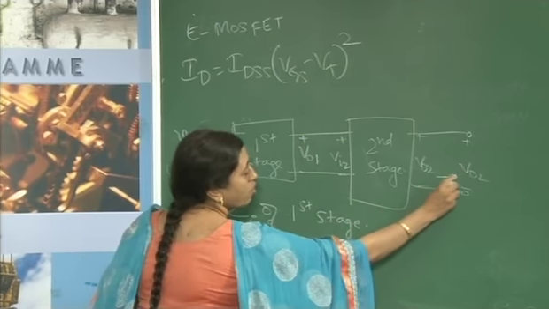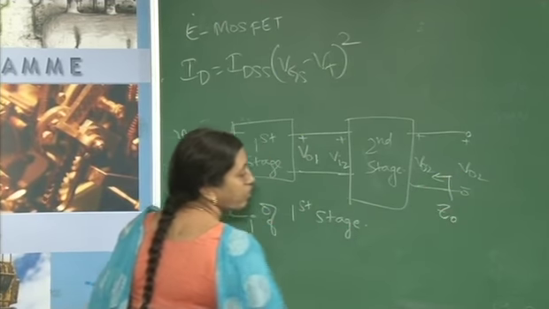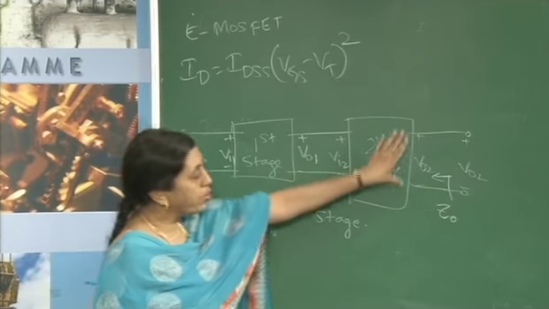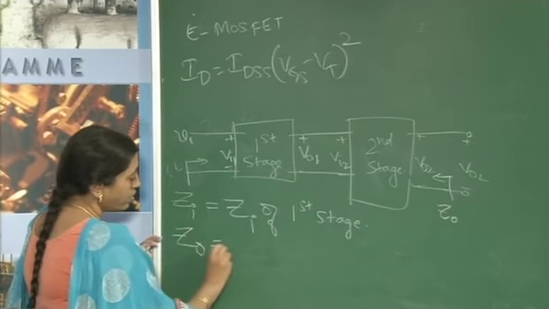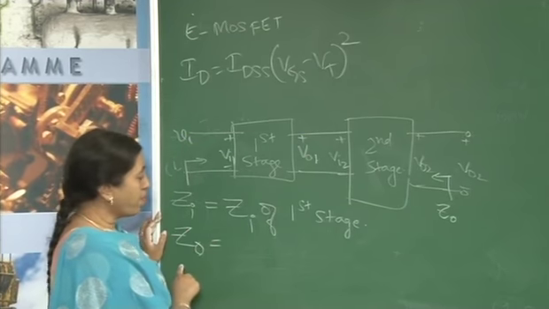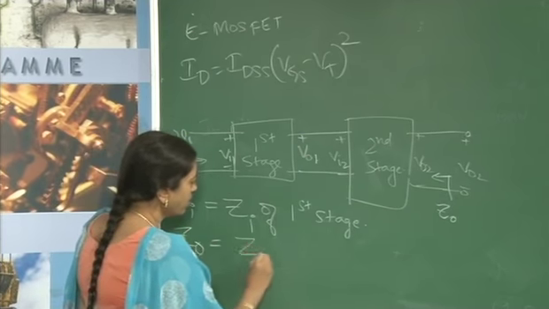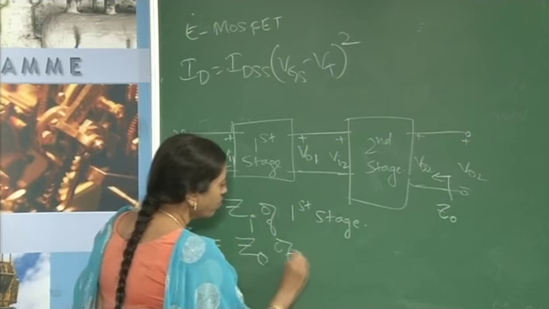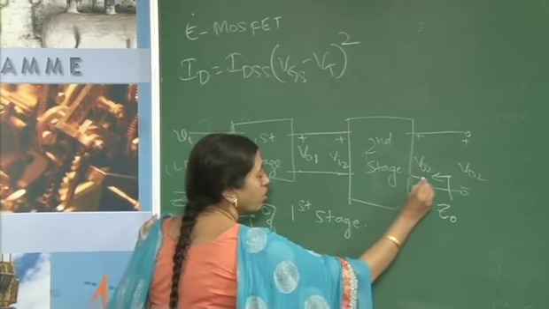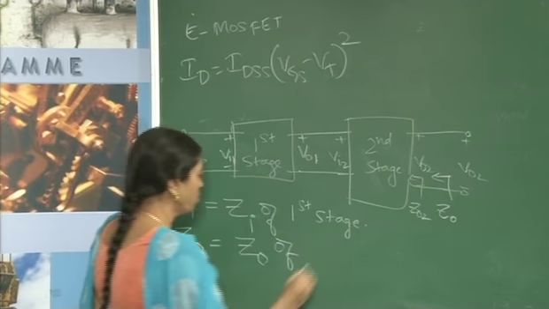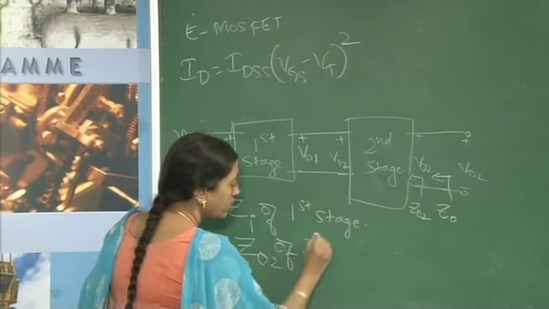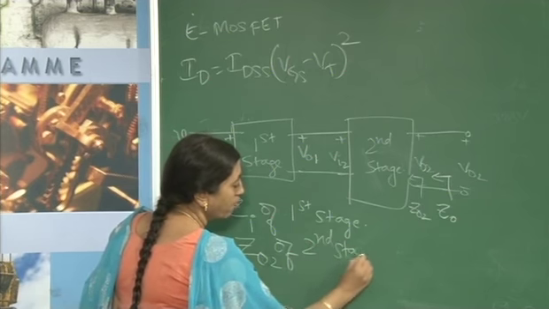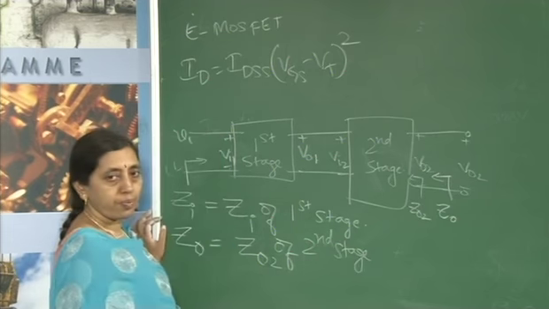Output impedance of the cascaded configuration will be the output impedance of the second stage. That is, if I call Zo as the overall output impedance, then Zo is the ZO2, the output impedance of the second stage.